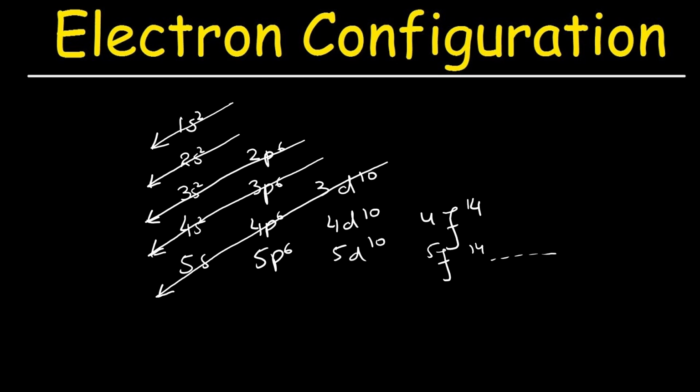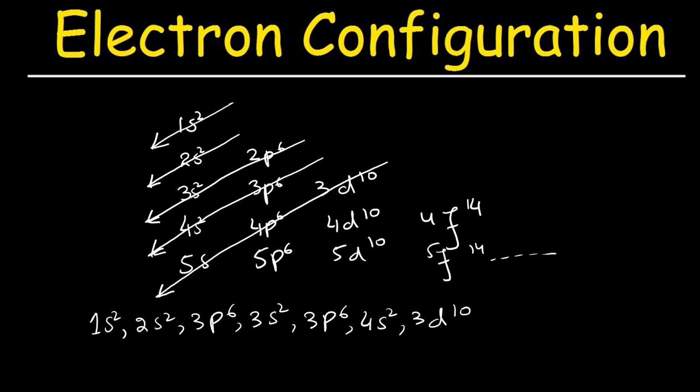Initially, the first line is on 1s2, so we write 1s2, 2s2, 2p6, 3s2, 3p6, 4s2, 3d10, 4p6, and 5s2.